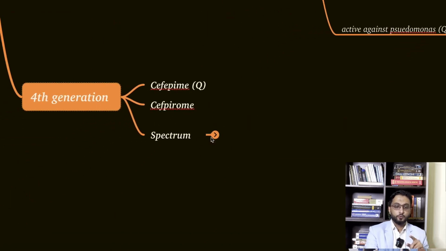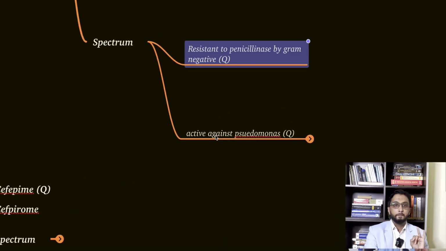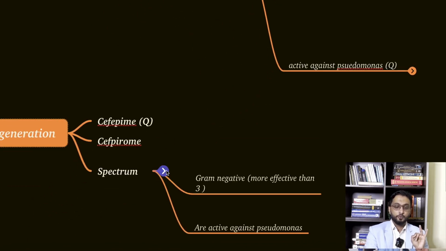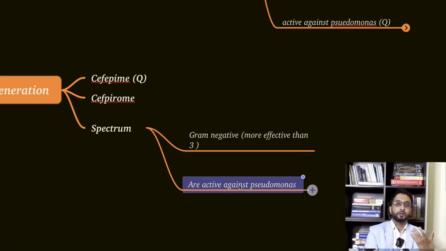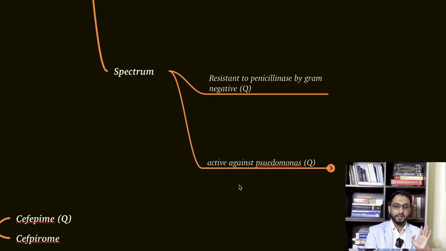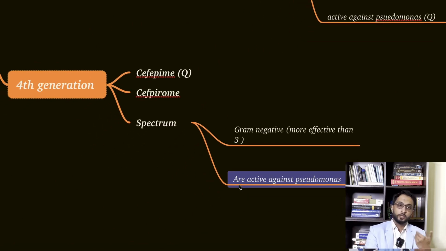Now, if you come to the fourth generation, the first was positive, second was positive and negative, negative greater than positive. Now here, penicillinase resistance is by gram negative and pseudomonas. If you see fourth generation, gram negative is more effective than third, I told you, and also more effective against pseudomonas. So basically third and fourth are similar, except that fourth is more effective.